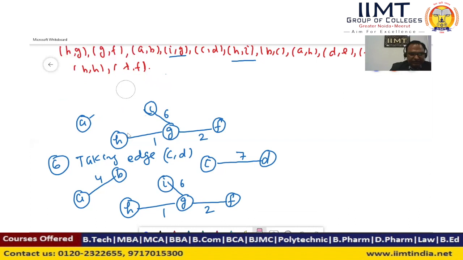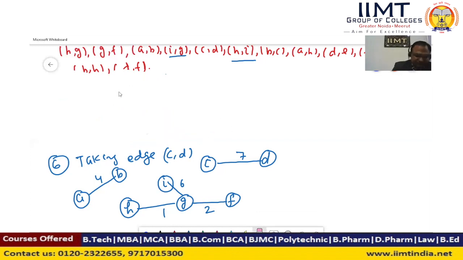That is step number 7. In step number 7, we take h comma I.